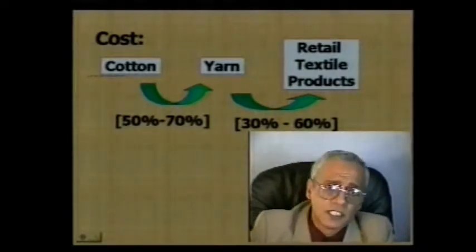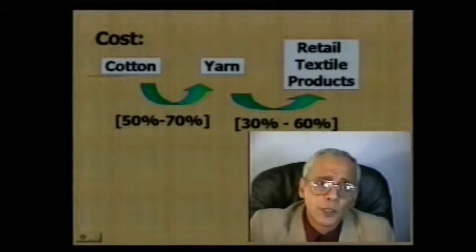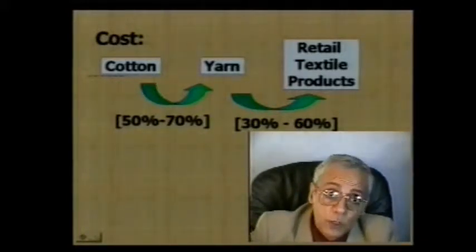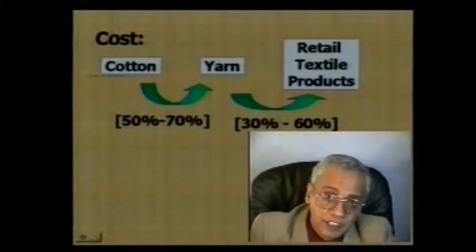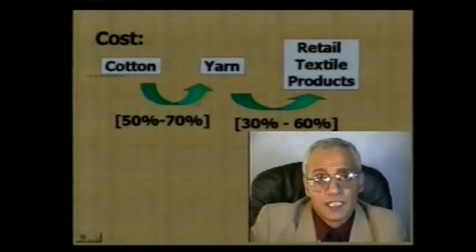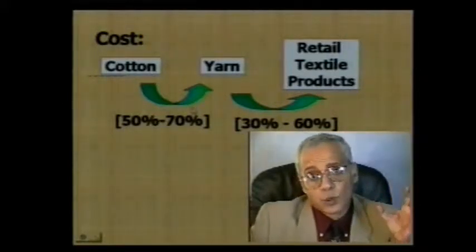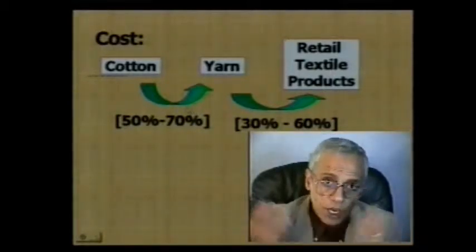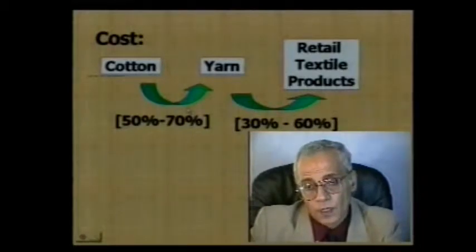This is a very significant cost, and you may want to do your own calculations to find out exactly where you fit in this range here. That is, how much the cost of your raw material contributes to the overall yarn manufacturing cost.